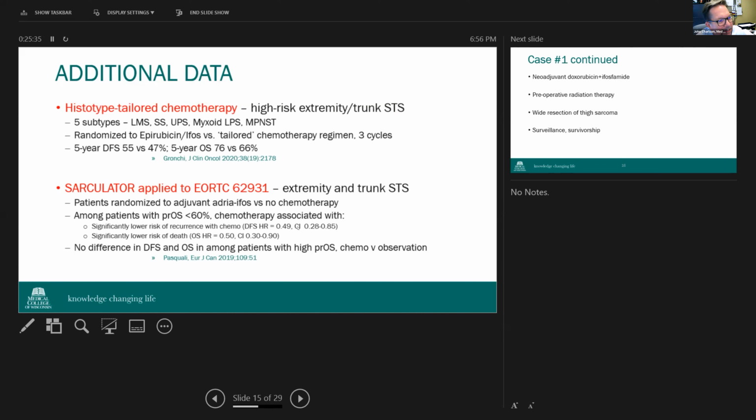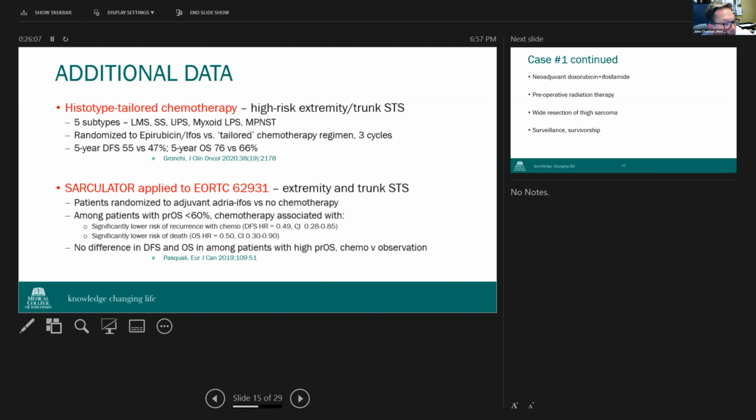The study above that was an interesting study. In this one, they chose patients with high risk extremity and trunk soft tissue sarcomas, so large high-grade tumors, and they picked 5 subtypes that either generally are or can be chemotherapy responsive, and for each subtype randomized them to either standard epirubicin, which is like doxorubicin, and ifosfamide, kind of the standard chemotherapy, versus a chemo that is supposed to work better for that specific type of sarcoma.